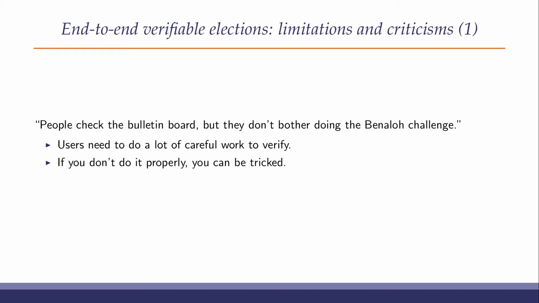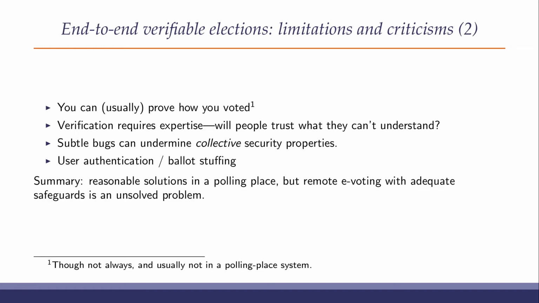So you can see why, if we make a bit of a list of possible shortcomings of that ideal scenario, you can see there are things that you could tweak, but it's very hard to solve any one of these four bullet points without undermining something else of equal importance. Okay, so you could usually prove how you voted, and efforts to make that harder generally undermine something else.